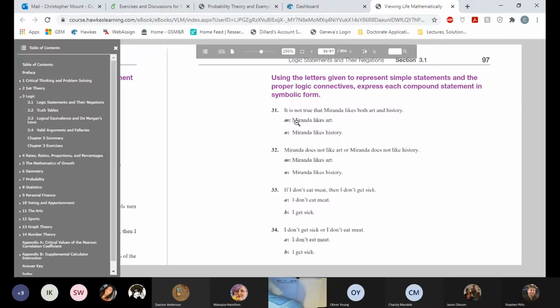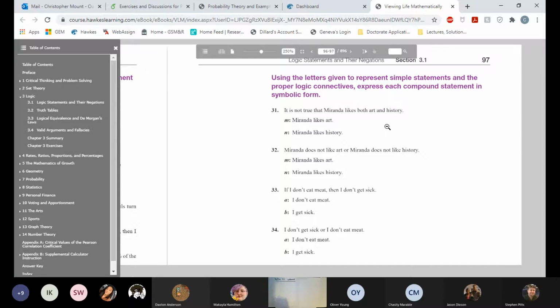That's the M and the N in this first one. These are the simple statements, and they're giving the letters. We're supposed to use M and N to represent these statements and the proper logical connectives, so that means the symbol for and, or, or the if-then symbol. Express each compound statement in symbolic form. And also we might need the negation symbol here.